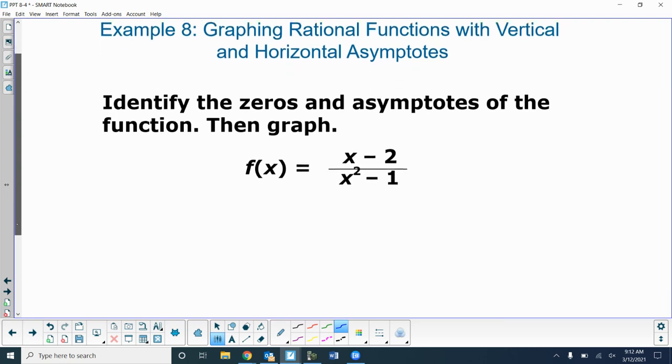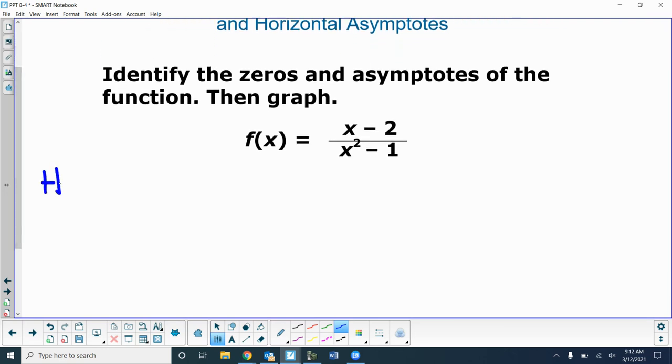What's the horizontal asymptote? There is one. What is it? We have to factor it out. You can factor, but you don't need to factor to find what it is. For horizontal, what do you look at? What did we just talk about? We talk about degrees. What's the degree of the top one? 1. What's the degree of the bottom one?